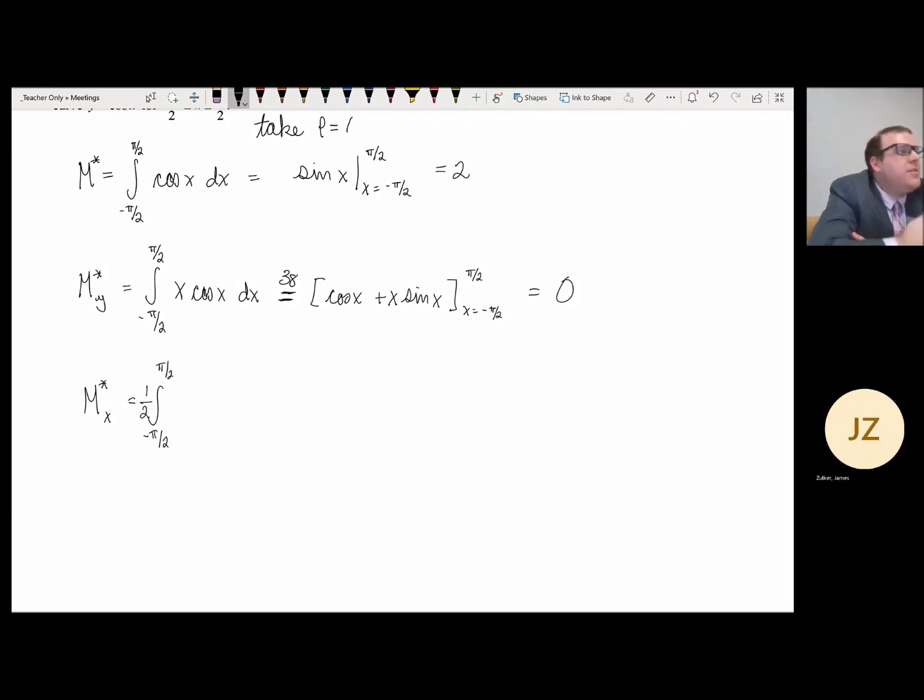Yeah, did it again. 1/2 times the integral from minus pi over 2 to pi over 2 of cosine squared.